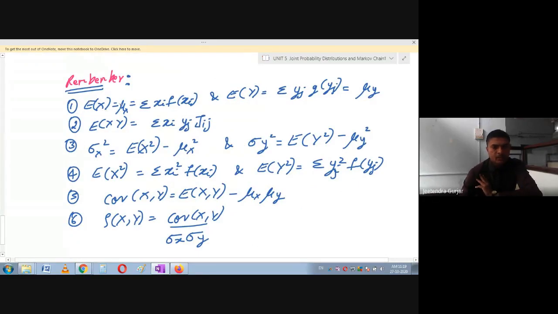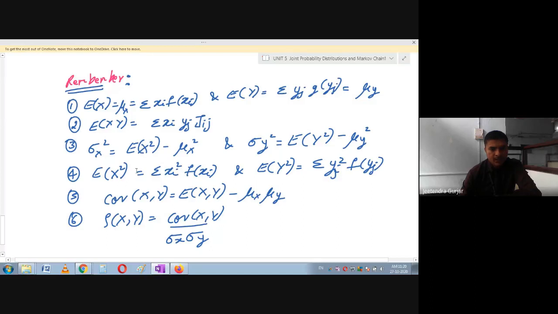E of x is equal to mu of x, which is equal to the summation of xi into f of xi. This we have already calculated in the previous unit, but here along with x we are going to calculate y also. That is the difference. Then sigma x square is equal to E of x square minus mu x the whole square. Similarly for y.